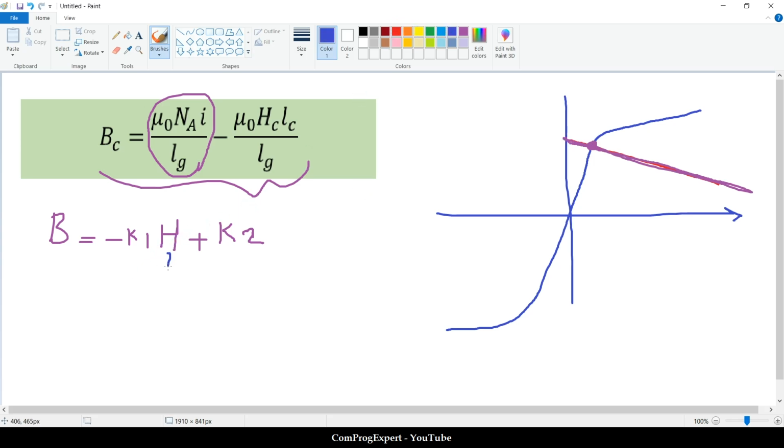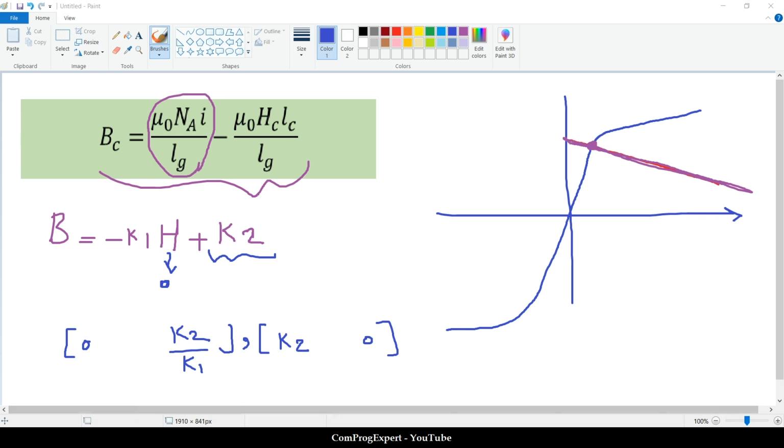When the value of H is 0, the value of B is K2. So here we can consider these two pairs to draw this load line. When H is 0, B is K2. And when B is 0, H is equal to K2 divided by K1.